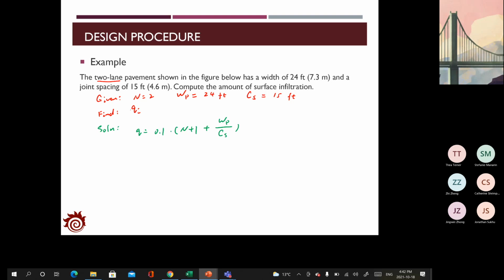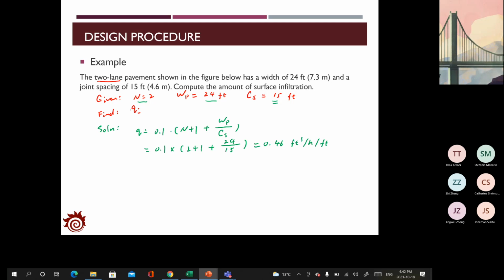So we can apply all the values we get: m equal to 2, WP is 24, and CS is 15. So with that, we have the value of Q as 0.1 times (2 plus 1) plus 24 divided by 15, which will give you the value as 0.46 cubic feet per hour per feet.